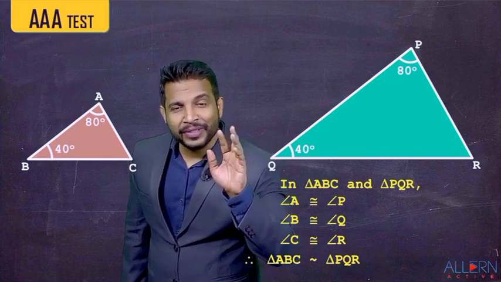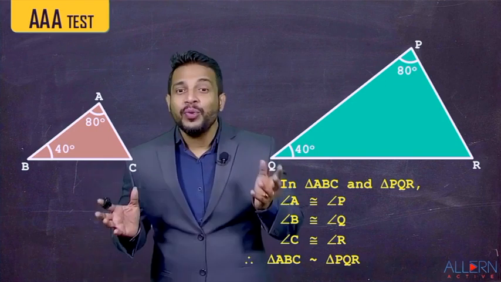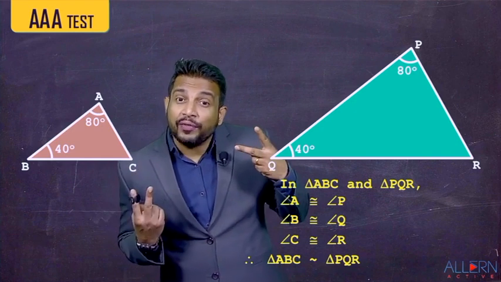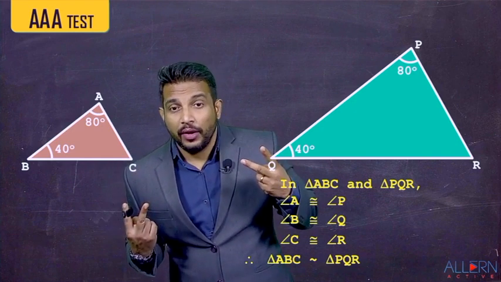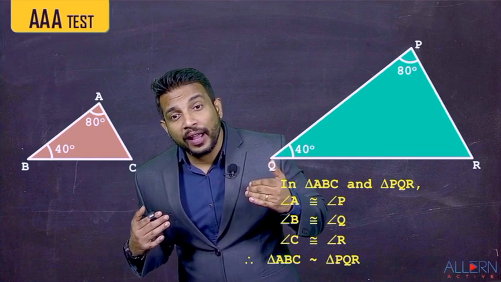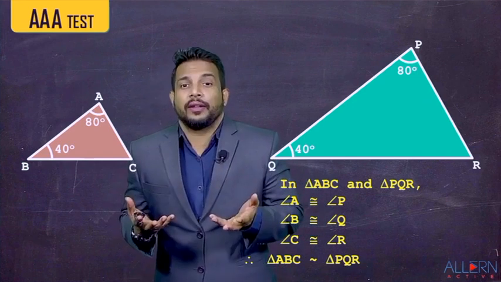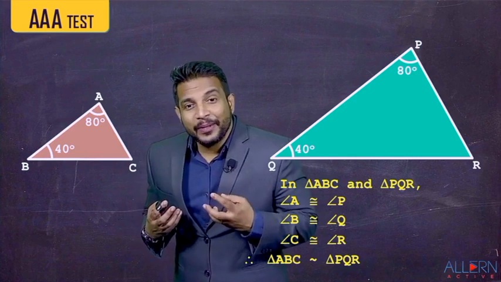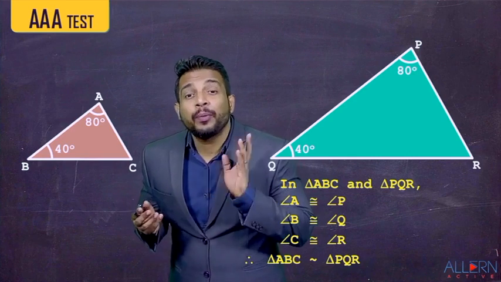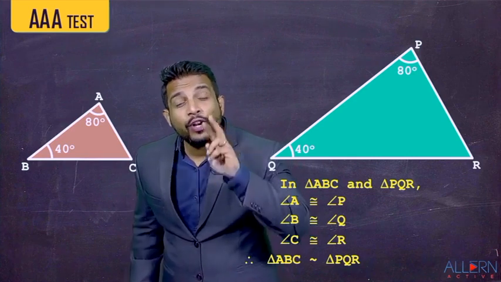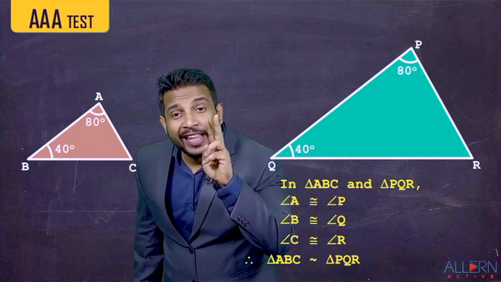That means what I'm trying to say is that in two triangles, even if two pairs of corresponding angles are congruent, automatically the third pair of corresponding angle is going to be congruent. That means it is going to be similar. That means the two triangles can be proved similar even if we have only two pairs of corresponding angles given congruent.